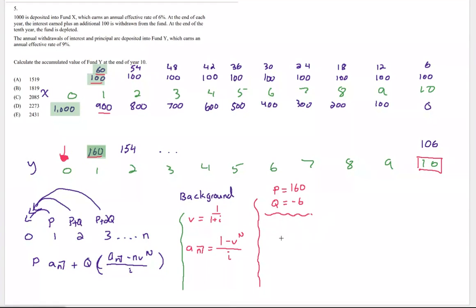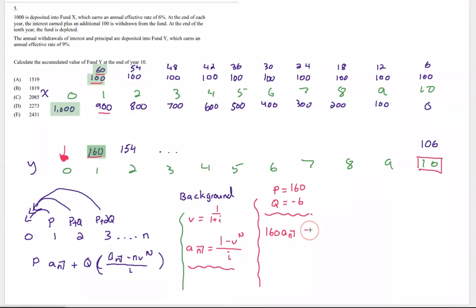Okay, so I'm going to use the P and Q formula. So my P is 160, so I have 160 a angle n, which is this. So I'm just going to write it like this, 160 a angle n.